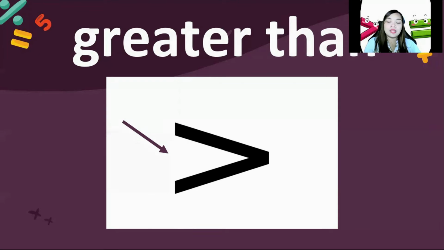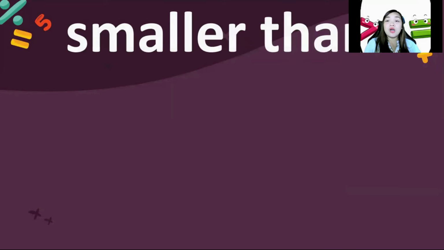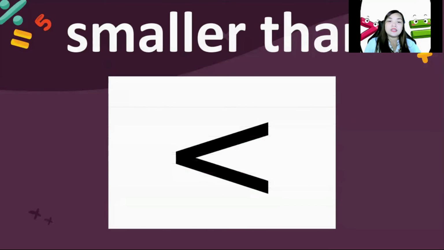Next one, we have smaller than. Small numbers. Smaller numbers should be pointed to the close one. So again, the bigger open side is the greater, and the close side is the smaller.